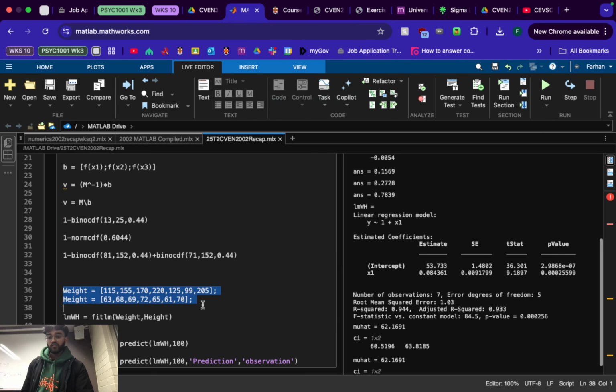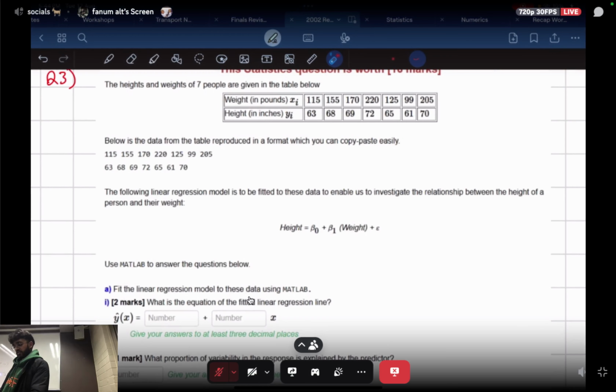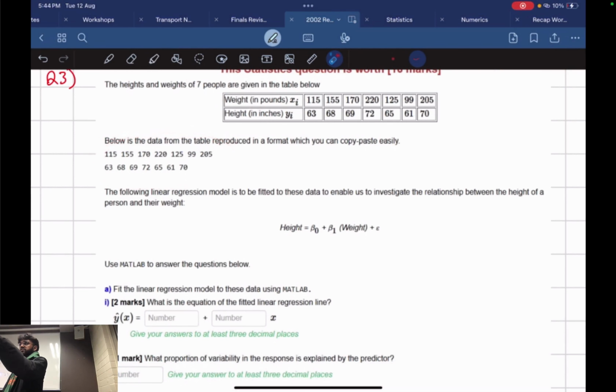So, what I've done first, I've made two sets of arrays, or columns. I don't know what they're called. Arrays. One for weight, one for height.